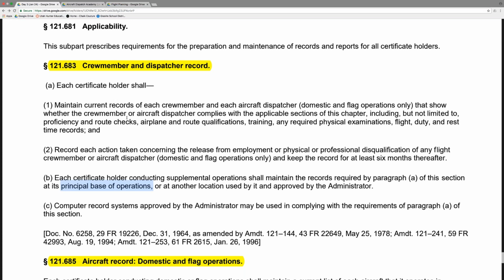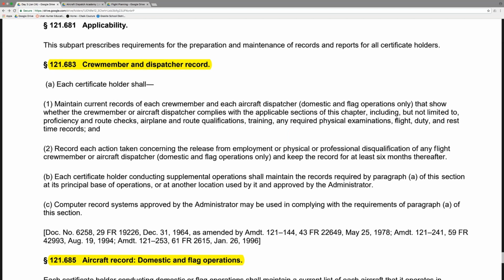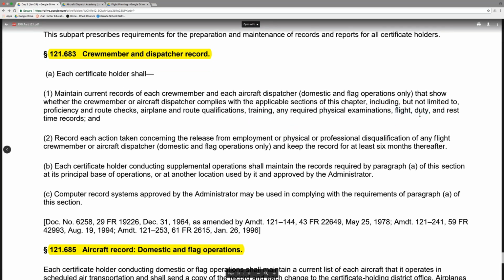So those records include our route qualifications, so approved routes by the FAA, any training records, physical examinations. Pilots have to have medical certificates in order to fly. Any flight, duty, rest, and time records.